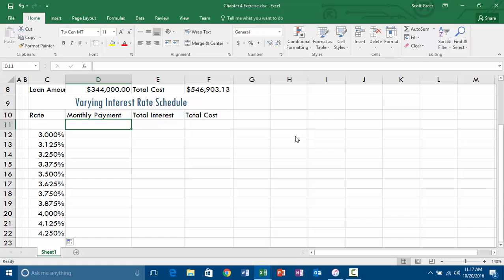Okay, we're good? So we're going to throw in these varying interest rates. We're going to go ahead and see what it would take to get these to be different here. On D11.